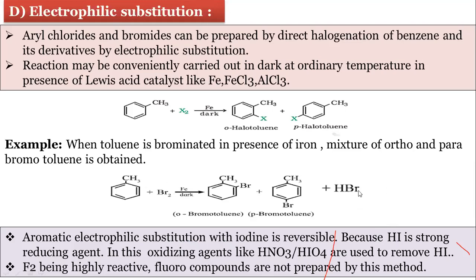If HI is prepared here, again it will react and give back the reactants. F2 being highly reactive, fluoro compounds are not prepared by this method. And if we want to prepare iodine compounds, we have to use oxidizing agents. Remember these two things. That's why I have written them below. So remember these two things for the examination.